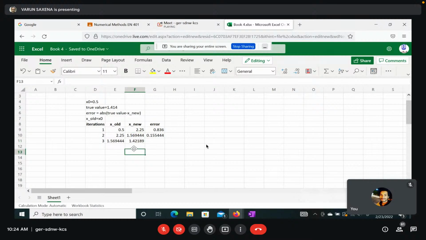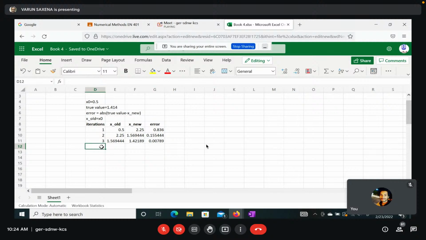Now you see that we are at 42183. Then you bring it here, and you see that the error has reduced even further. So you've repeated the entire process 3 times, right?